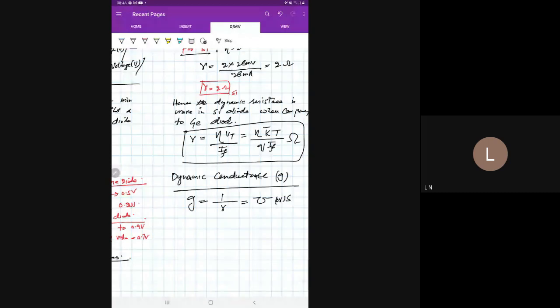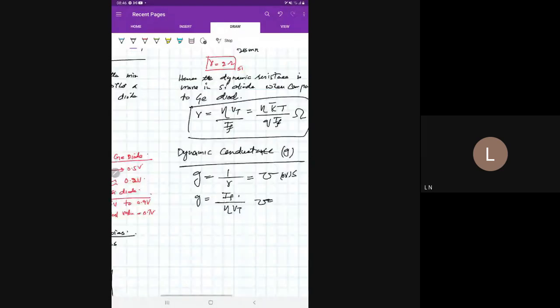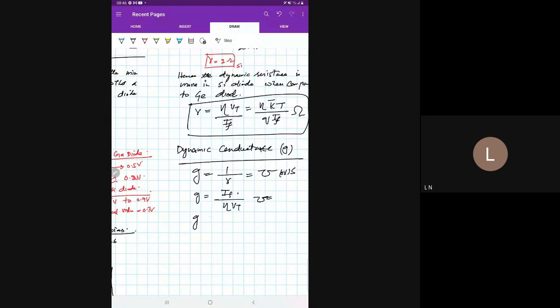We can write G is equal to I_F divided by eta Vt, in ohm inverse, or we can say that conductance is directly proportional to I_F. The general formula could be G is equal to q I_F divided by eta Boltzmann's constant kT, which will be in Siemens or ohm inverse.